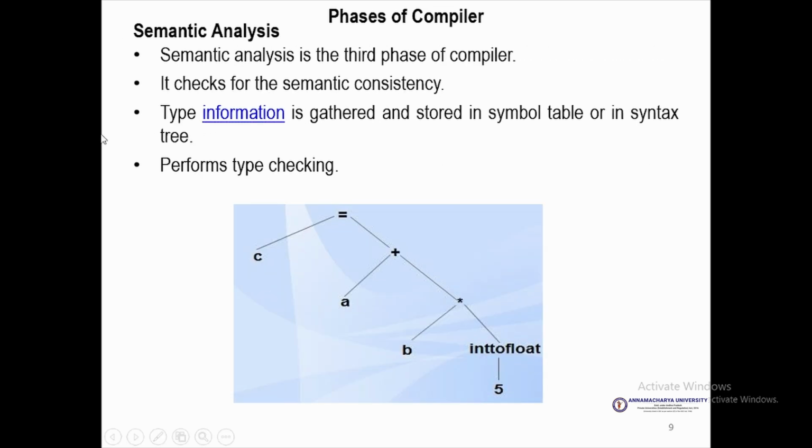Semantic analysis is the next phase. This is the third phase of the compiler. It checks for semantic consistency, or meaning, and type information is generated and stored in the symbol table or in the syntax tree. This phase performs type checking.